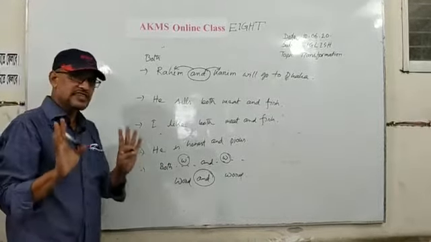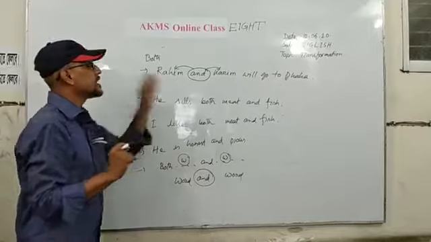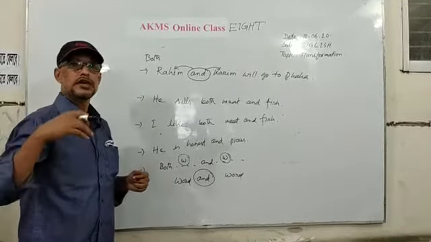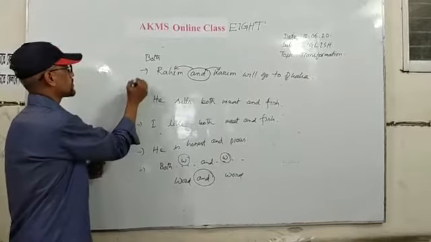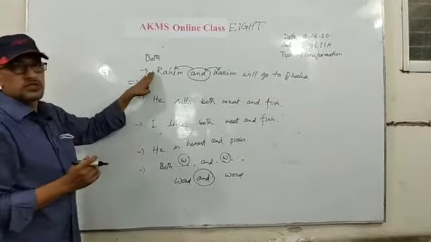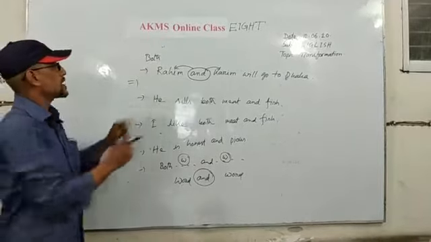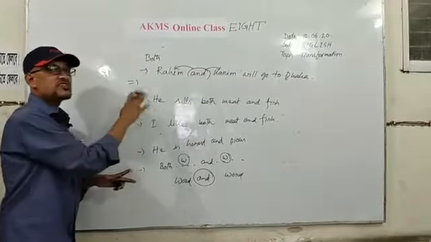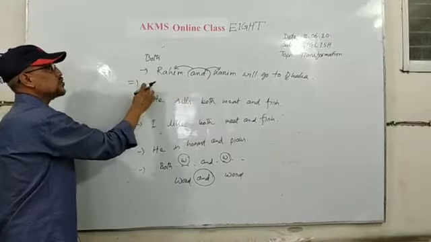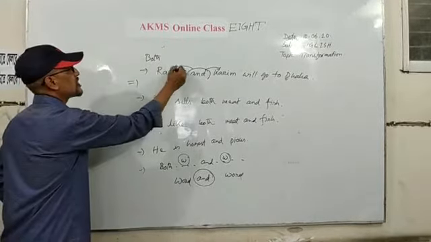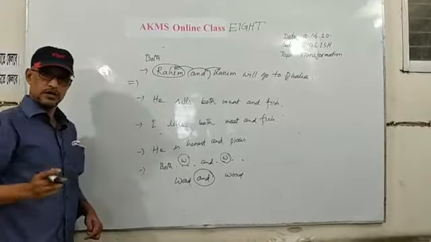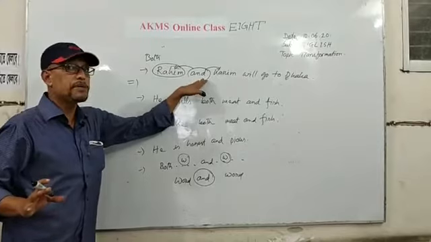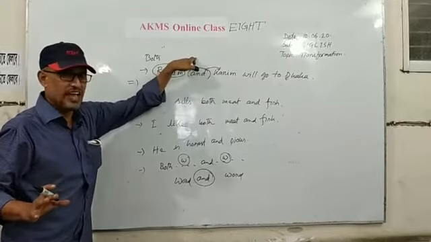If you find this type of sentence in affirmative form, you can make it a negative sentence. How? I have not used both here, but I have joined with the use of and. To make it negative, you should clearly identify which words have been joined with the use of and.